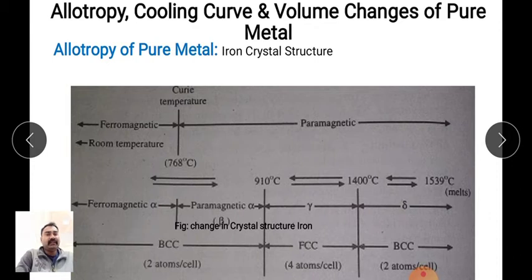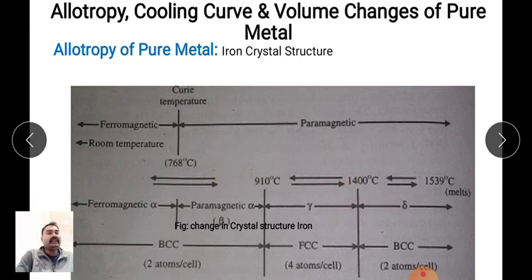It means that when we heat any steel from room temperature to higher temperature, it gives the phases like alpha ferrite, ferromagnetic, then paramagnetic, then austenite which has an FCC structure, then delta ferrite which has a BCC structure. These phases occur while heating from room temperature to higher temperature, which is shown by the forward arrow.